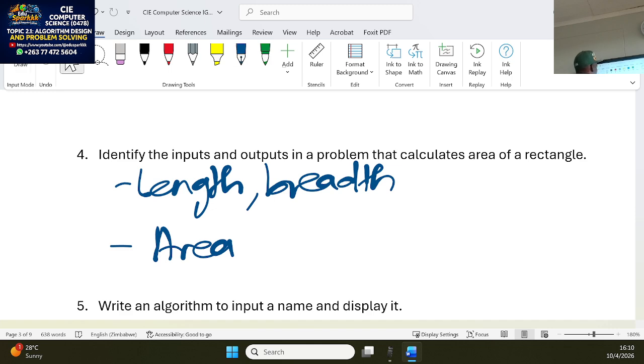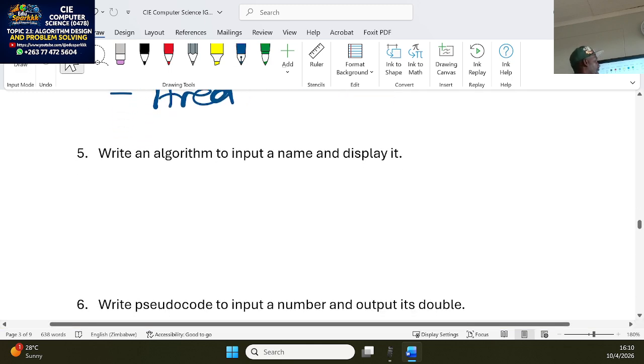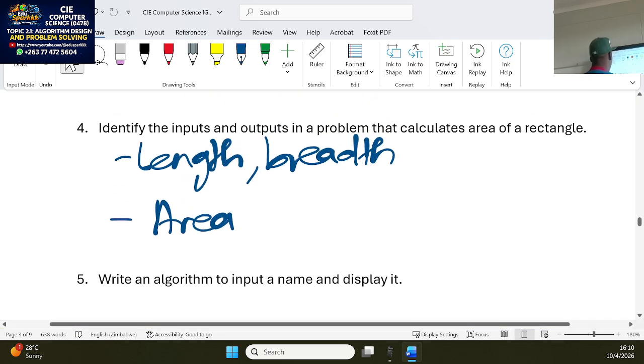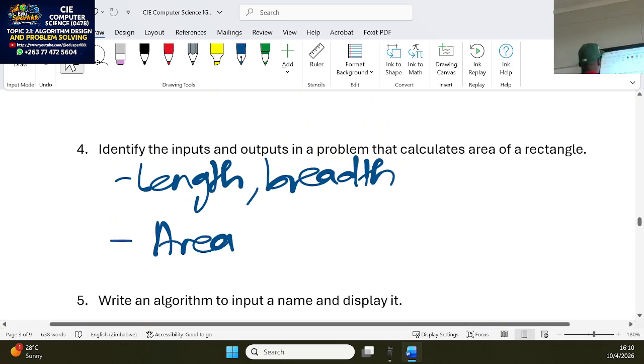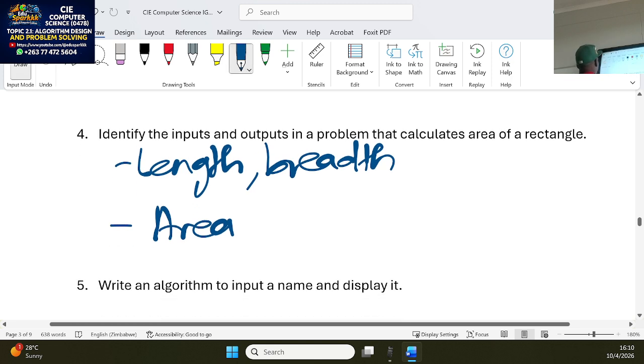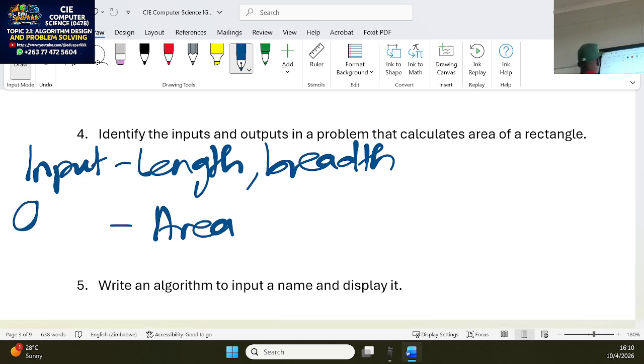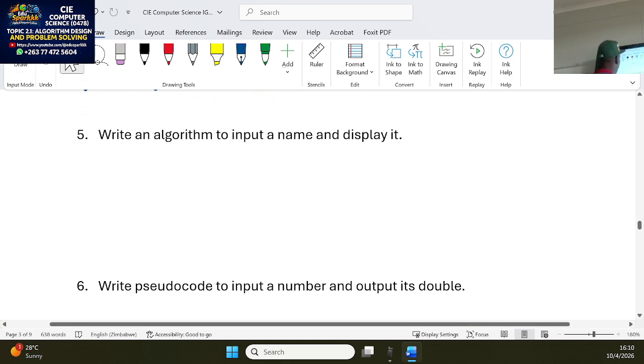Then next we are interested in writing an algorithm to input a name and then display the name. So here we could properly indicate that these are the input variables that we need in the algorithm, and this is the output or the results of the algorithm. So write an algorithm to input a name and display it.